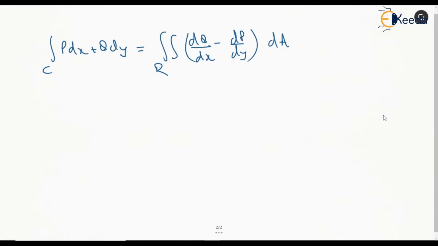Let me explain some of the terms, then we'll get back to the theorem again. So the term is simple curve. Simple curve means that it does not cross itself.